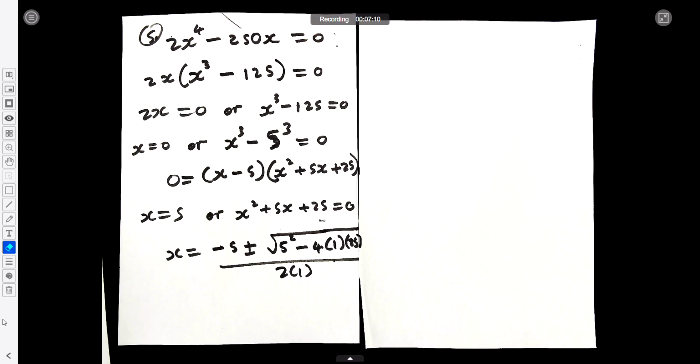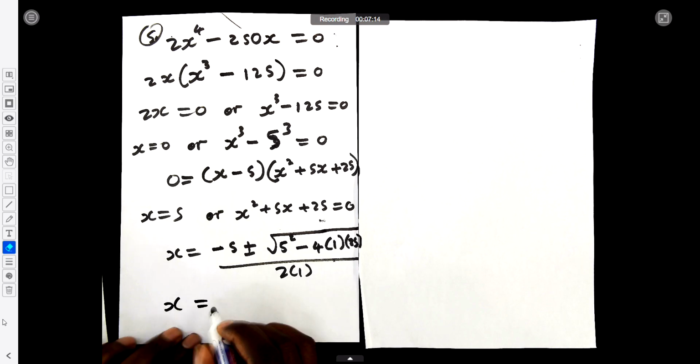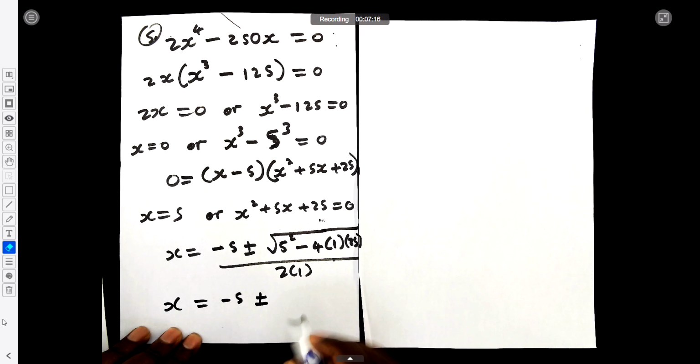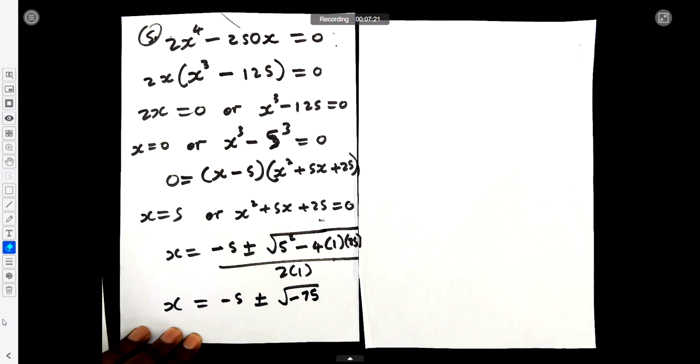So it is equal to negative 5 plus or minus. Inside the square root is minus 75. So we have minus 75, then all divided by 2.